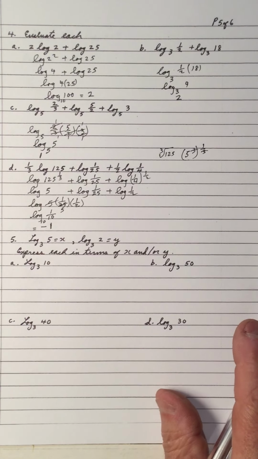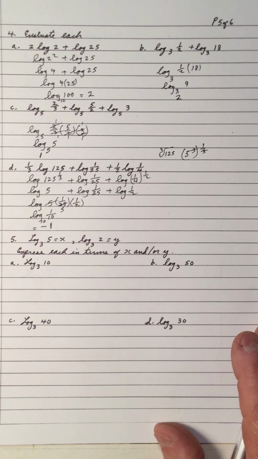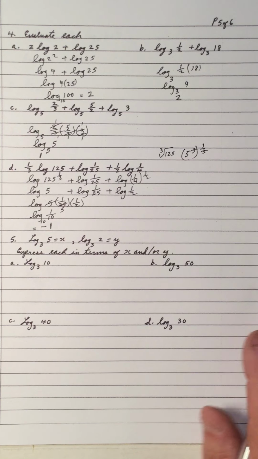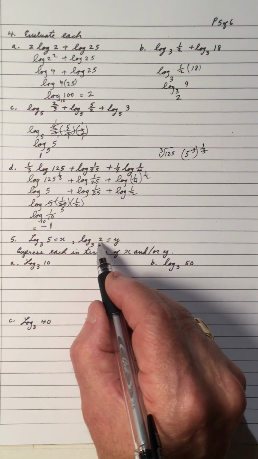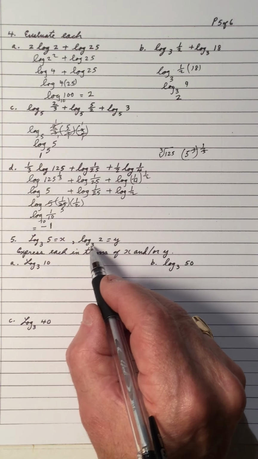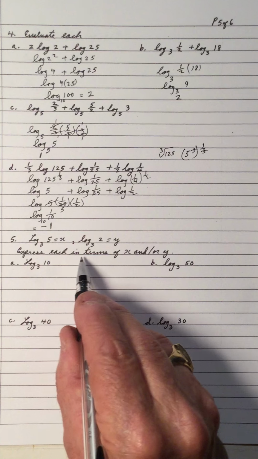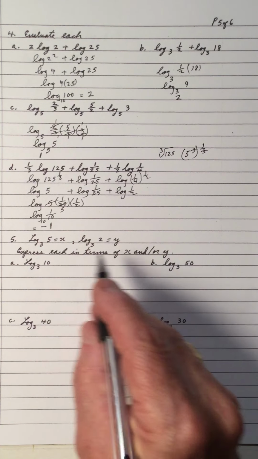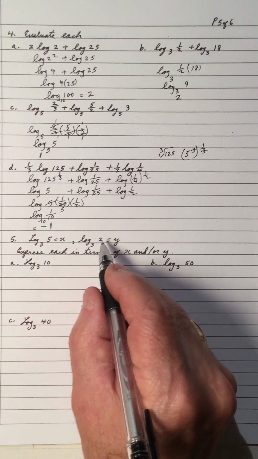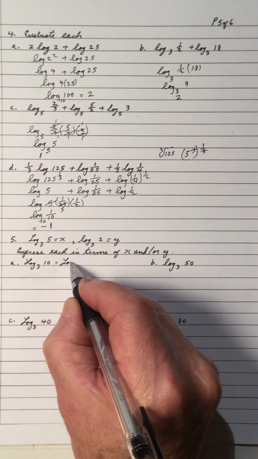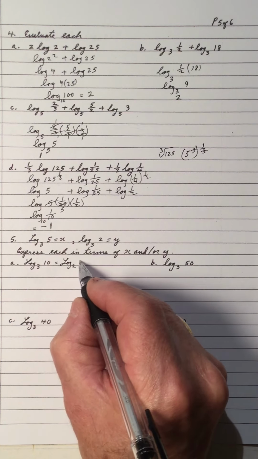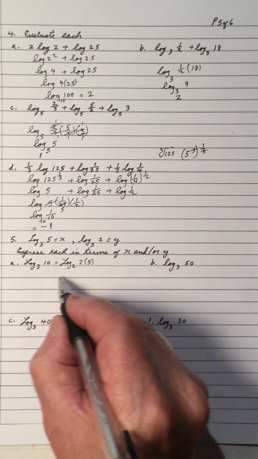So just doing a variation of problems to help you understand. Number 5, if the log of 5 base 3 is x and the log of 2 base 3 is y, express each in terms of x and or y. Well, this is a 5 and a 2, so the log of 10 base 3 is the log of 2 times 5.